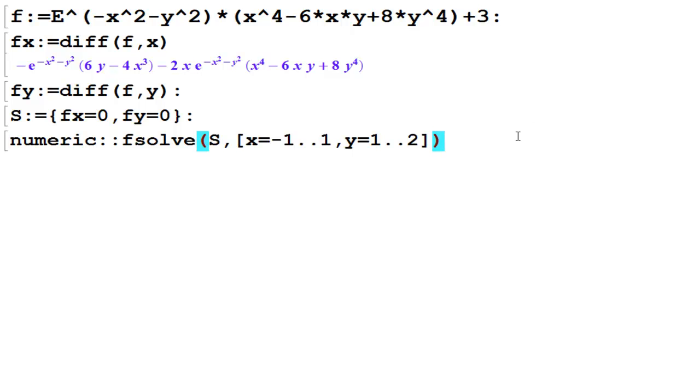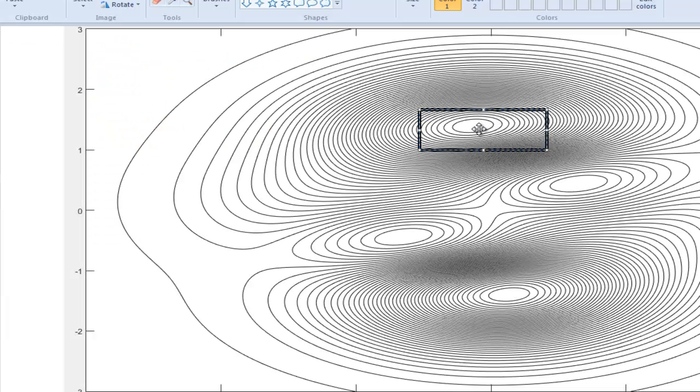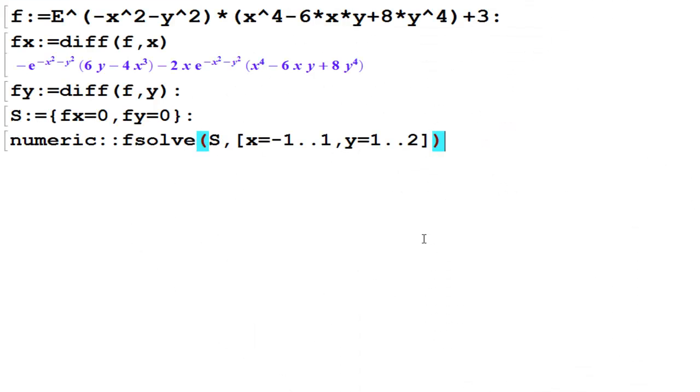Remember that you had seen that one of the critical points is contained in the rectangle that we are looking at here. So when we press enter, we will see the solution. So here we have an approximation of the x and y coordinates of a critical point.